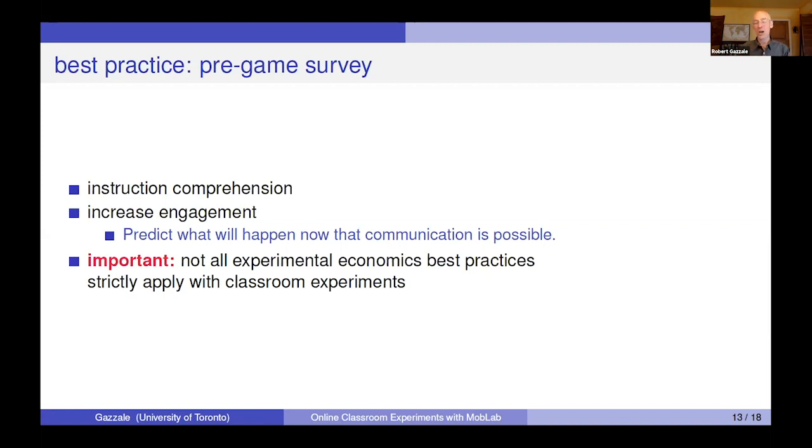But in talking to colleagues, eventually I became convinced: students love it. They love knowing who is the top earner in a particular session. So this is a practice that I've adopted, which the experimental economist in me would never use for my research, but for classroom experiments, I think it's fine. Okay, so for best practice, consider the pregame survey.